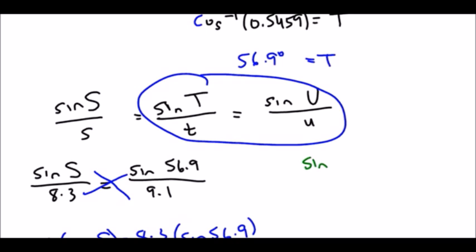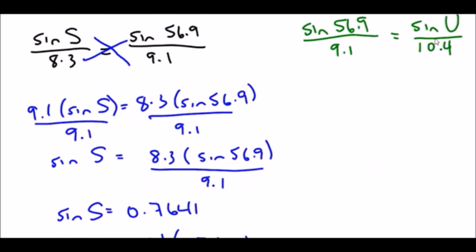So now I'm going to have sine t over t is sine u over u. And again, it's a perfect proportion, so I cross multiply. So 10.4 times sine 56.9 is equal to 9.1 times sine u.